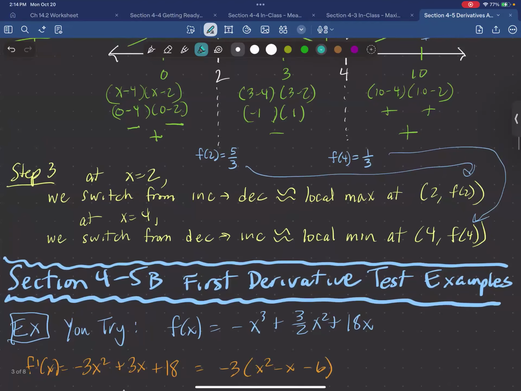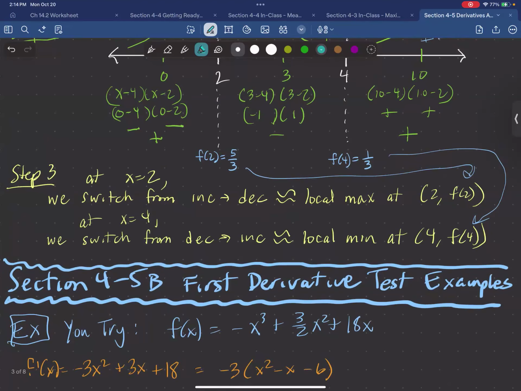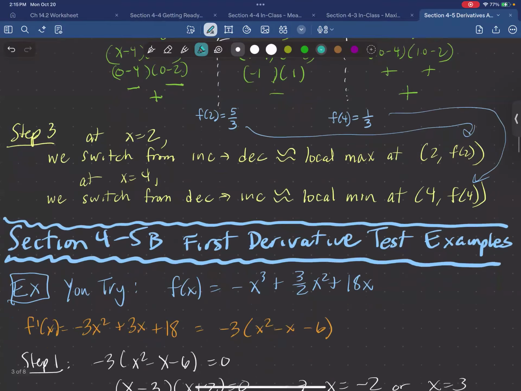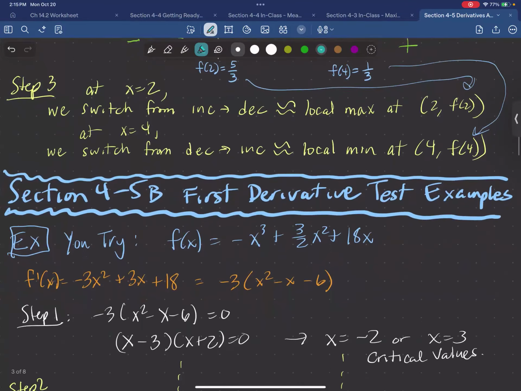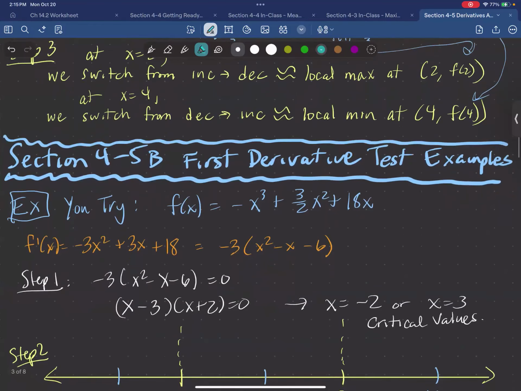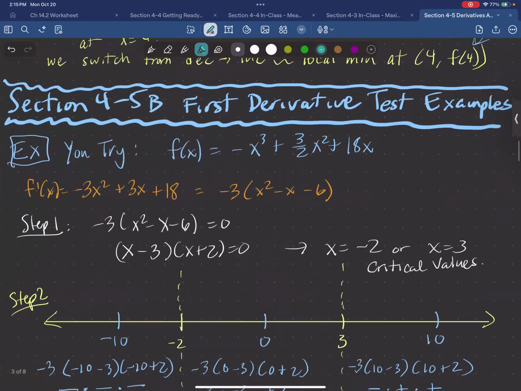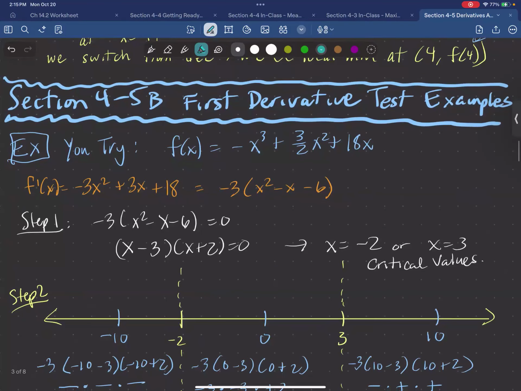When I took the derivative, I had negative 3 times x squared plus 3x plus 18. And I factored out the negative 3, but I'm not going to get rid of the negative 3. The negative 3 is actually really important. So when we're doing our sign chart down below, I got rid of the negative 3 to calculate the critical values.